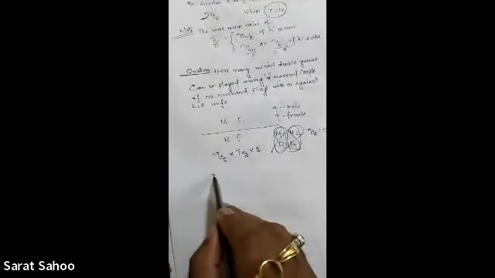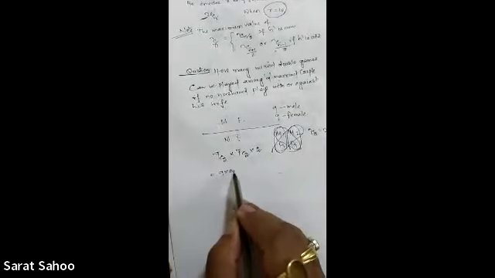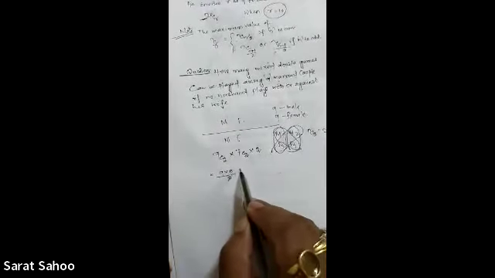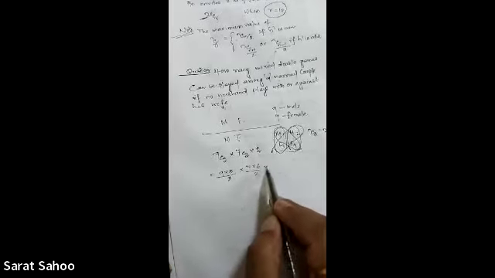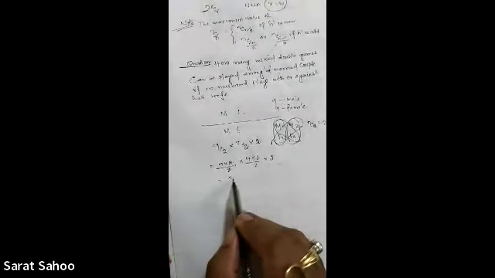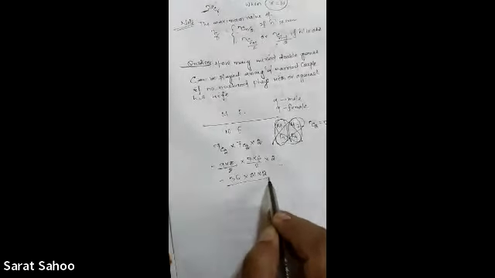And you know nC2 is equal to n into n minus 1 upon 2. This is equal to 9 into 8 divided by 2, into 7 into 6 divided by 2, into 2. This is 36 into 21 into 2. This is the answer.